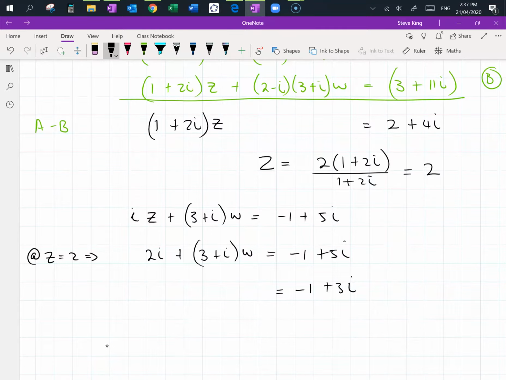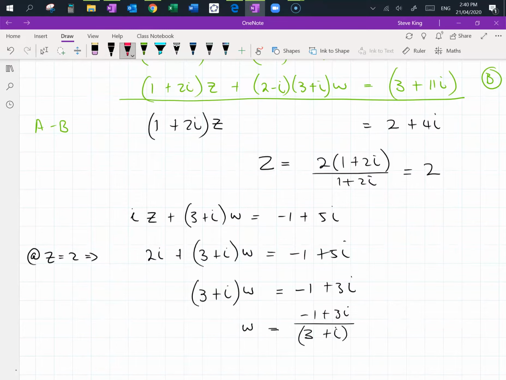And on the left-hand side, I'm going to have (3 plus i) W. So all I have to do now is divide both sides by the 3 plus i.